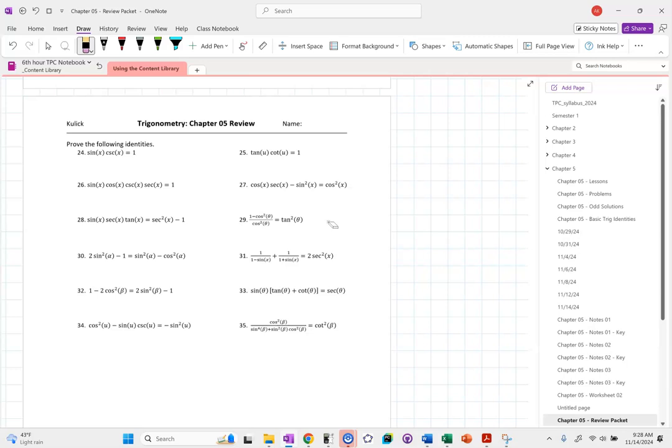Now I want to caution you, the thing that I would not be very generous about is if your work is a disorganized mess. Okay? Some of you guys, when we looked at the homework quizzes, and I've looked at some of your homeworks, some of your stuff is a disorganized mess.